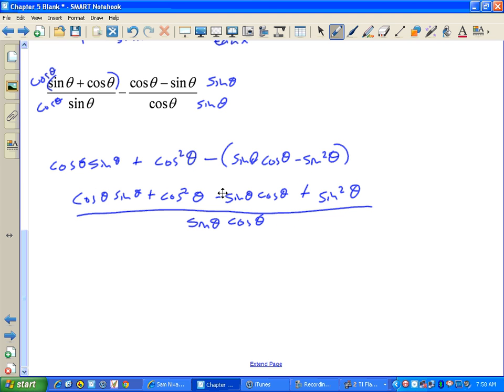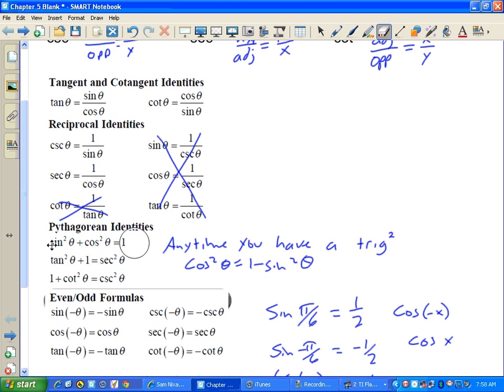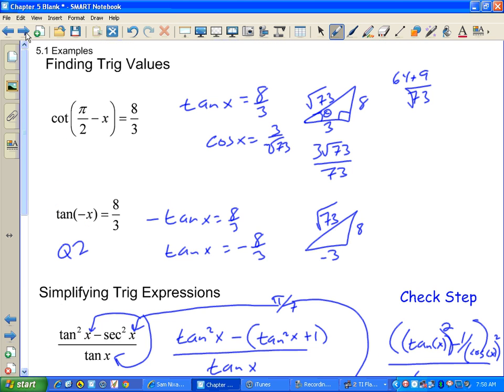Now if you notice, I've got cosine times sine, which is the same as this, so plus and minus, those cancel. So I've got cosine squared plus sine squared, which is our base Pythagorean identity. So that's going to turn into 1.